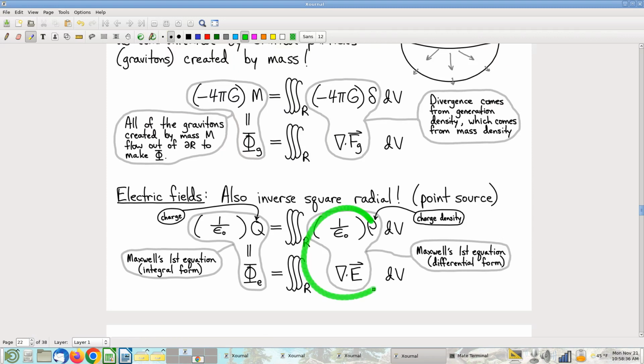This equation about electric fields is just the same mathematical underlying reality with a different physical veneer on top as this equation up here about divergence of gravitational fields. Which is itself a different physical veneer on top of the idea of, look, you have a light bulb that shoots out photons.